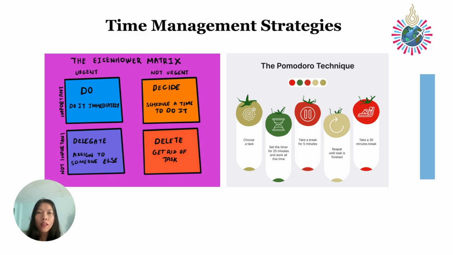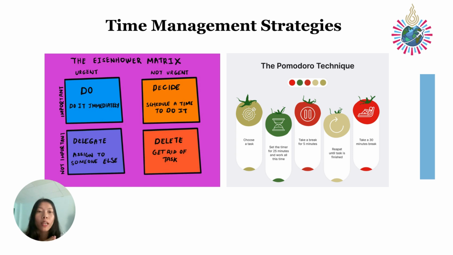Another one is the Pomodoro technique. This is also very useful to manage time, as it has us work in short focus blocks instead of long tiring sessions. As you can see in the pictures, we choose a task, then study for 25 minutes.